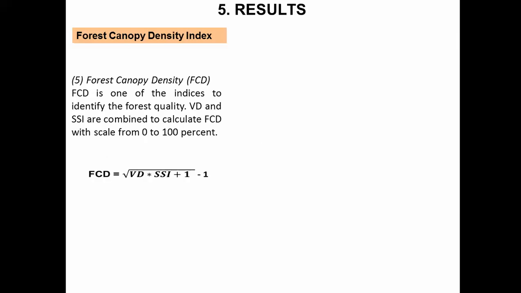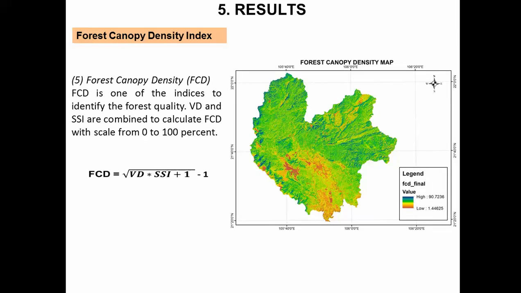The next one, the FCD is one of the indexes to identify the forest quality. VD and SSI in our study are combined to calculate the FCD with a scale from 0 to 100%.